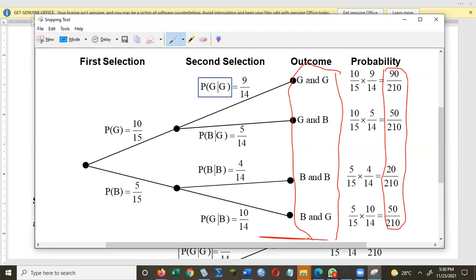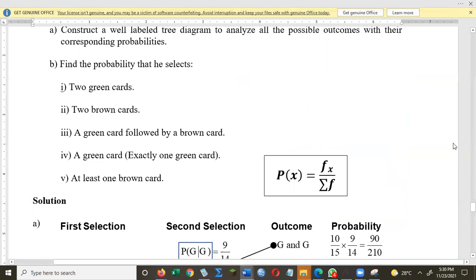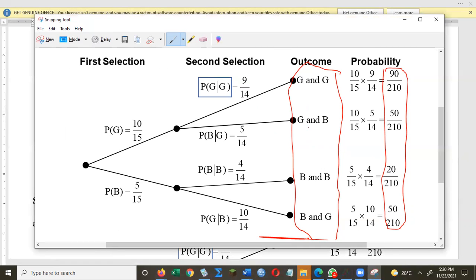Which one of these is communicating exactly 1 green card? Is it 1 brown card? No, 1 green card. Which one of the 4? That's where you have to focus, on analyzing which is communicating 1 green card. Which 50 over 210?